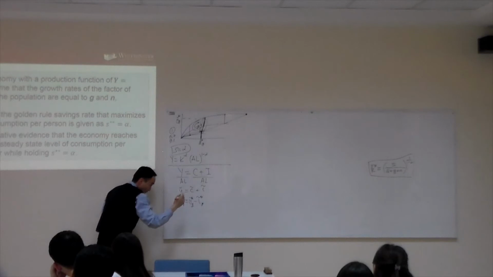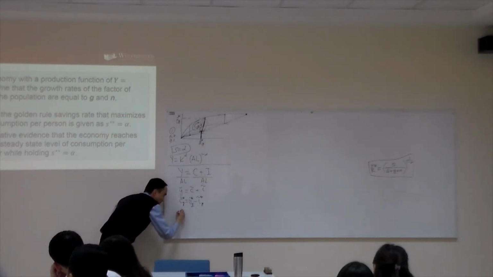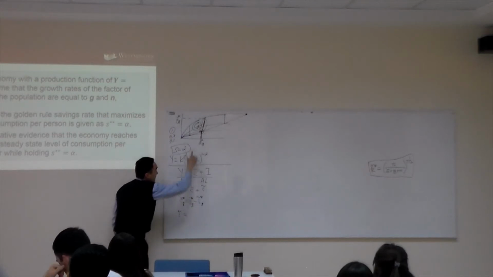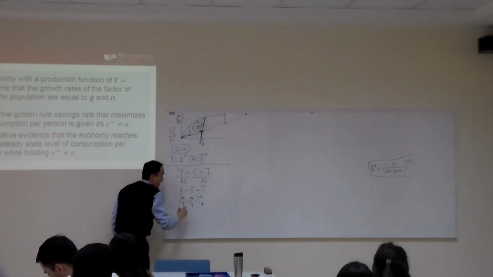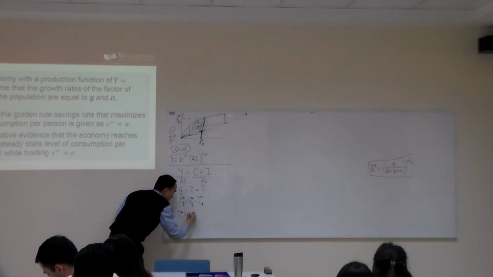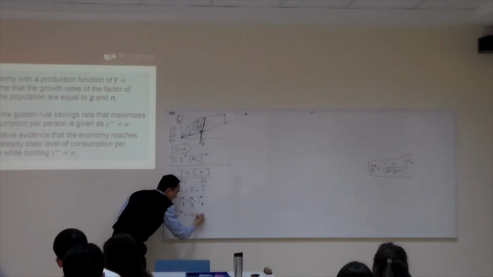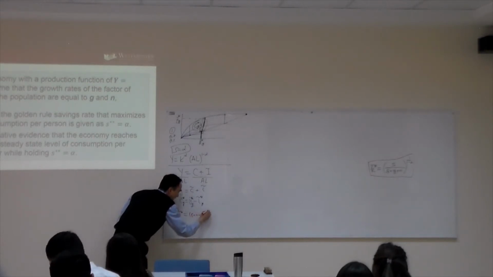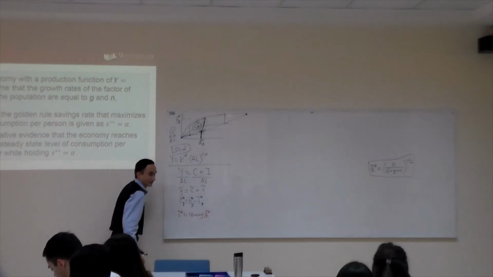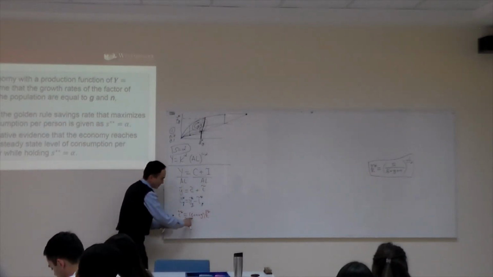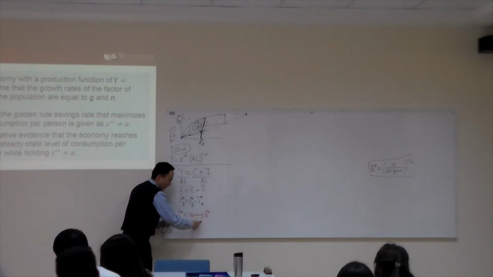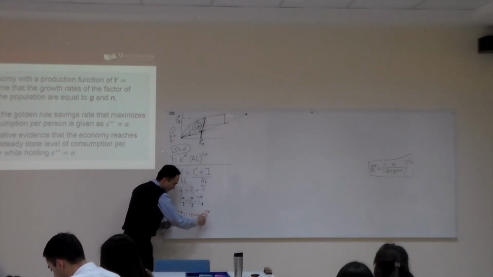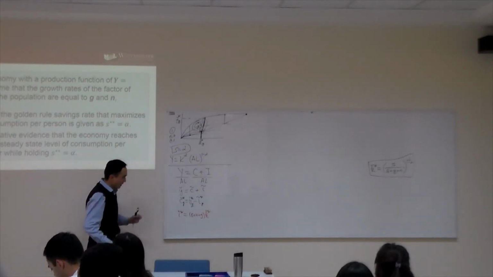So now you know that investment per effective labor in the steady state level is equal to depreciation, delta plus n plus g, times k hat star. Right? Now there is depreciation, population is growing, and technology is growing. Right? It's equal to this one.